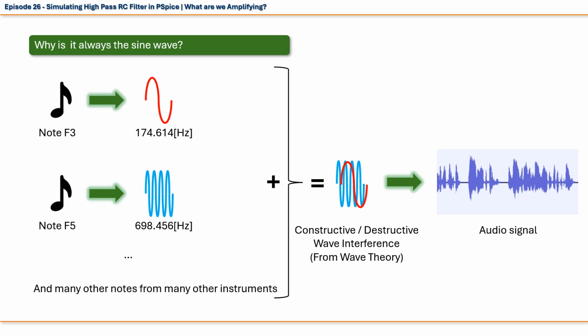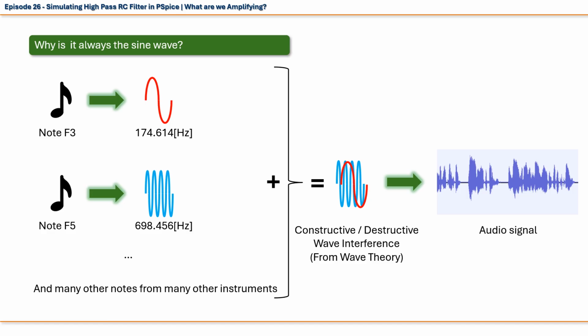Now, imagine a psalm with thousands of notes, some of them playing simultaneously, with a lot of different instruments playing different notes. Some of these sound waves will interfere with each other, in a constructive or destructive way. This is one of the basic principles of wave theory, constructive and destructive wave interference.